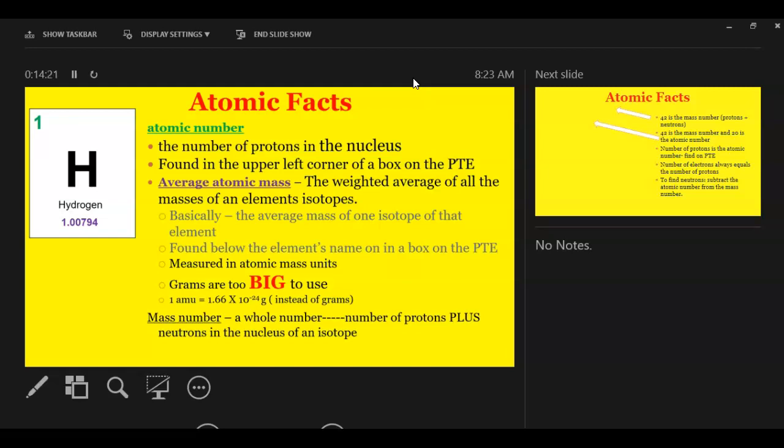This guy right here, this guy's got several names to it. This guy is called the atomic weight. This guy is also called average atomic mass. We'll also hear it called average atomic weight. Got a few names, okay?